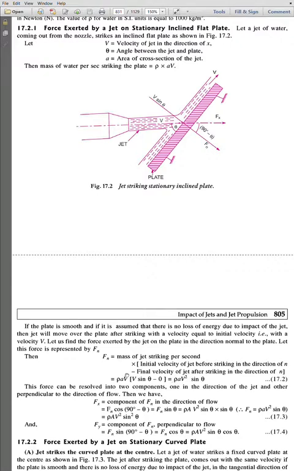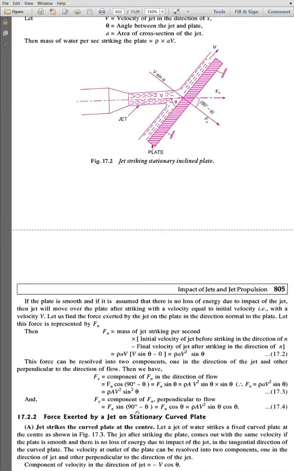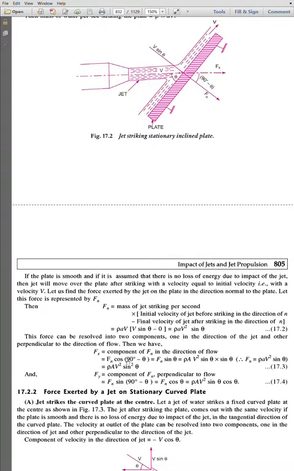Similarly, you will find the x direction and y direction components. If you are going to find f of x, and this is your f of n, which we have already calculated, then f of x will become f of n cos 90 minus theta.